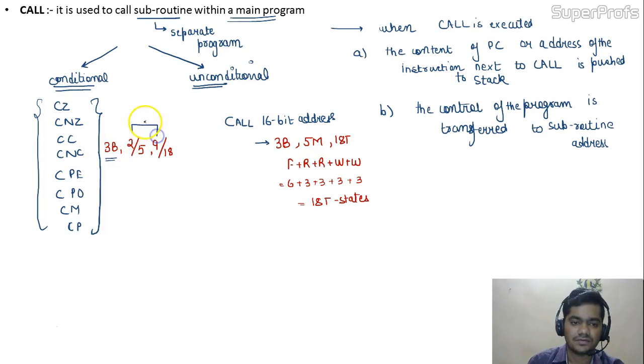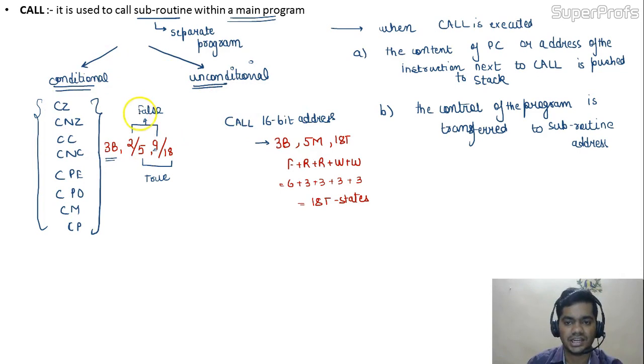If the condition is false, it would be 2 machine cycles, and there would be 9 T states. Okay, and for true condition, if the condition of the call is true, then it would run for 5 machine cycles and 18 T states.